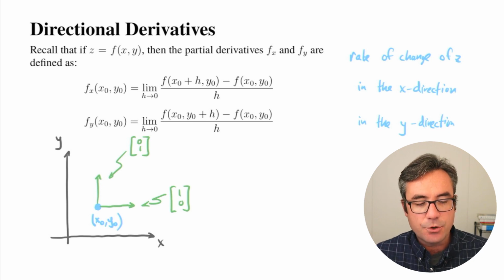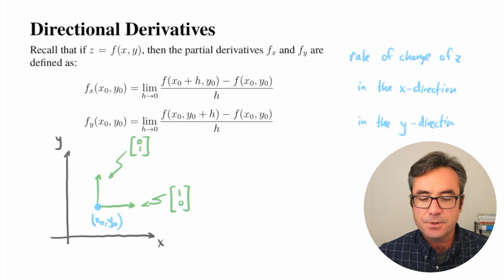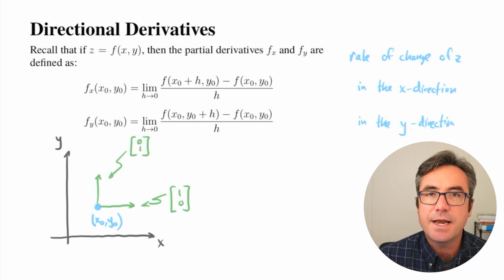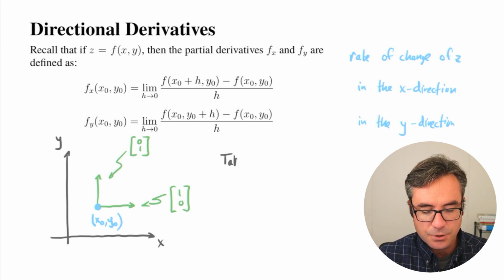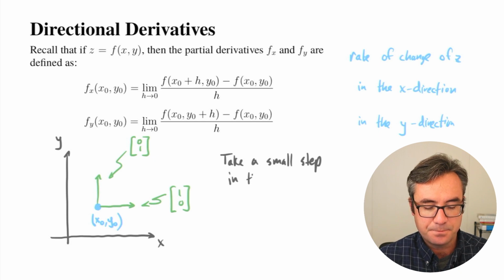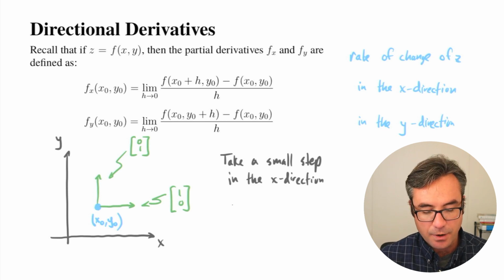And essentially what we're doing with these limits here is, like we said, we're looking at what happens when we take a small step. So let's just consider the x case. So we're going to take a small step in the x direction. And what happens is we go from the function value f of x0, y0.